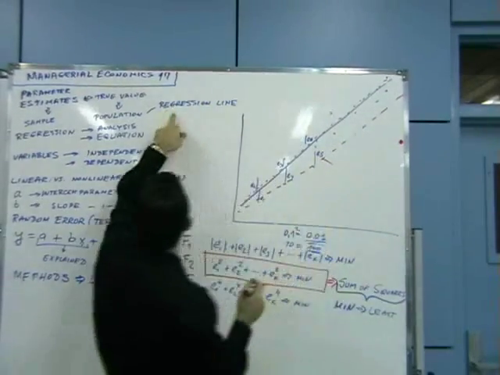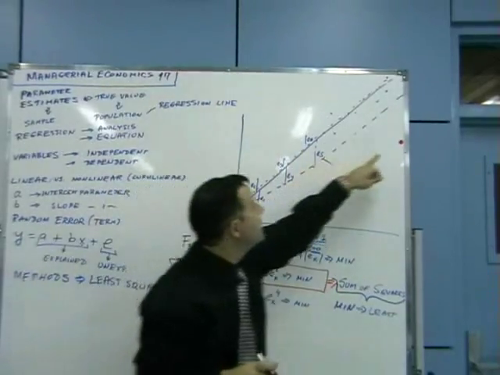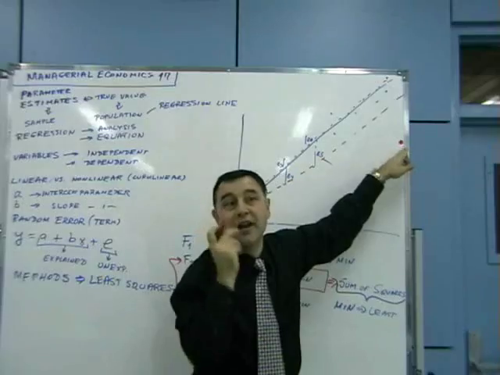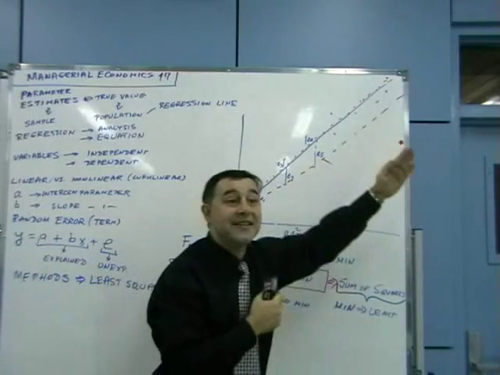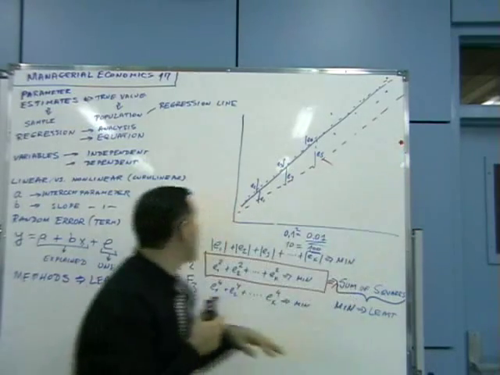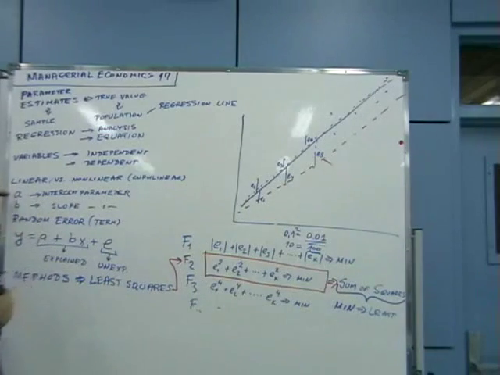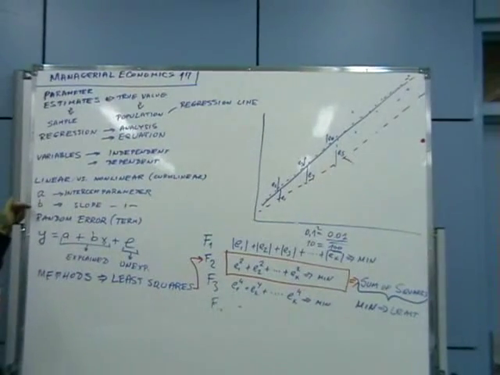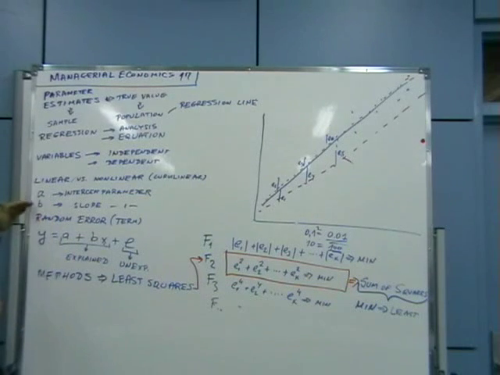Remember, this here is the regression line. Large deviations tend to shift the regression line a lot, so they affect the estimates of the parameters A and B significantly. If the deviation is small, A and B are practically not affected.